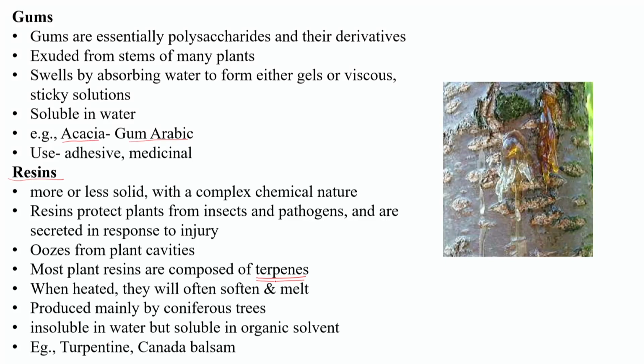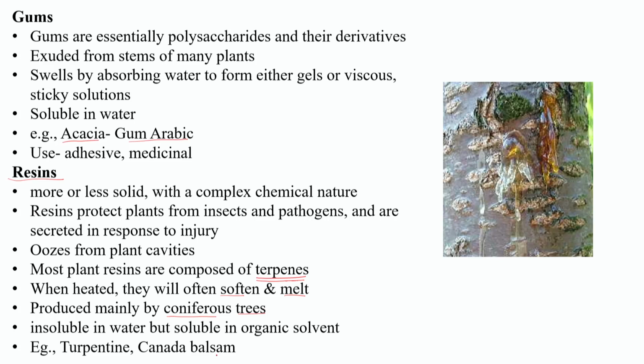And these terpenes are basically more or less solid in structure, and when they are heated they will get softened and they will melt. Mostly coniferous trees like pine trees produce resin. Okay.